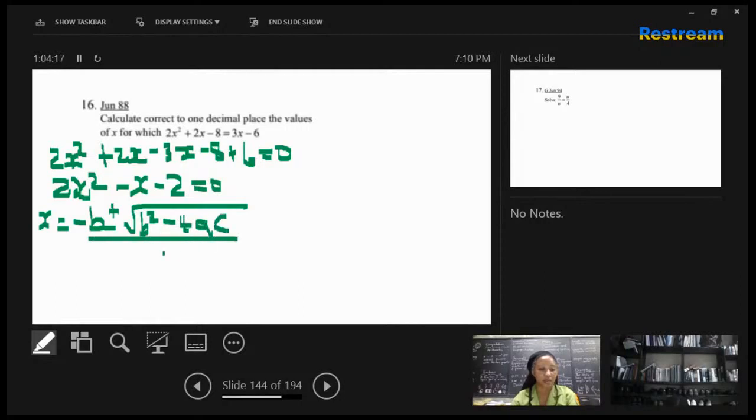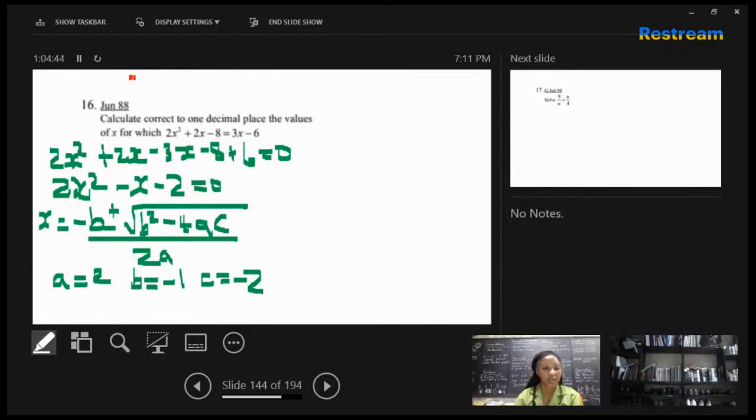Here a is 2, b is negative 1, and c is negative 2. Let's plug those in.